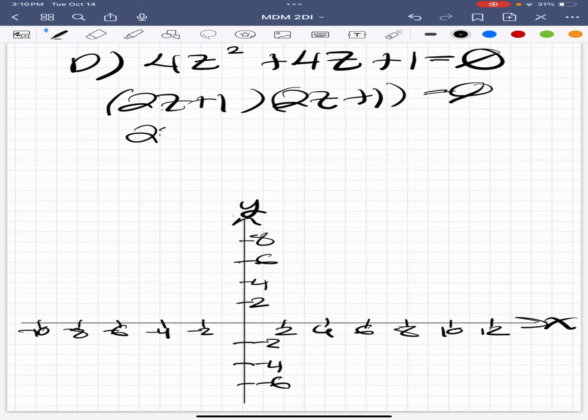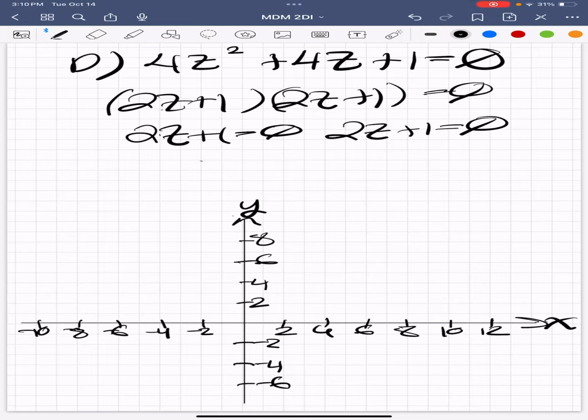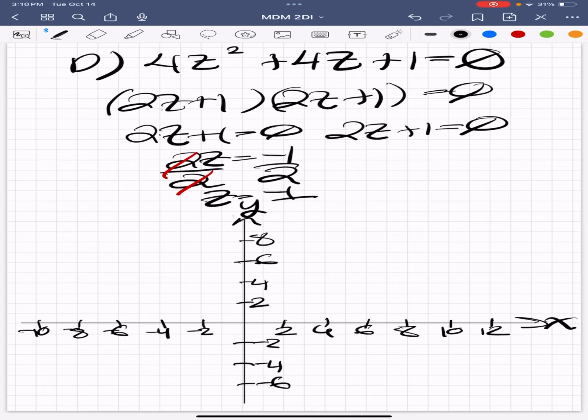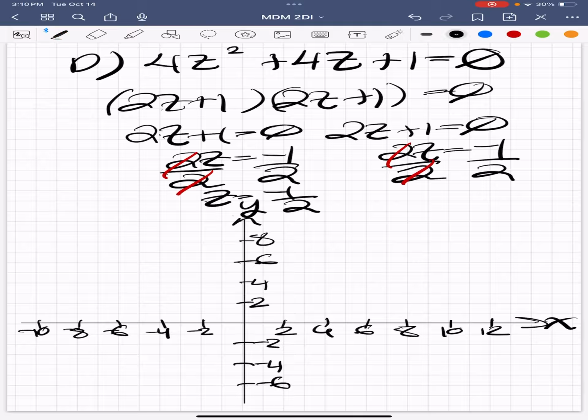So we have 2z plus 1 equals 0, and then 2z equals negative 1 over 2, strike out common 2s, and then z equals negative 1 over 2.